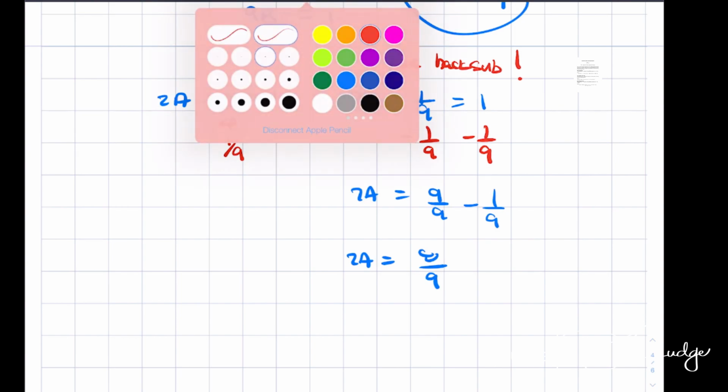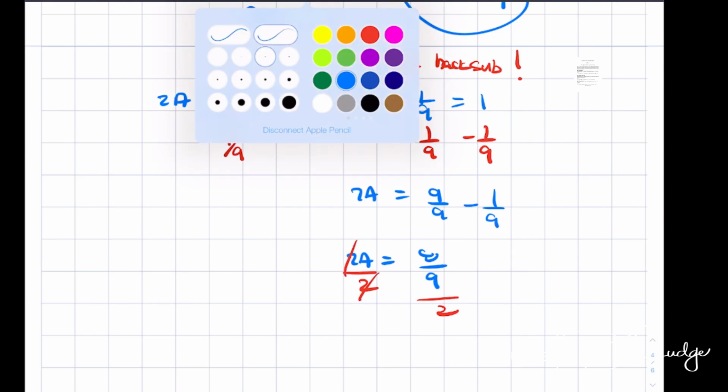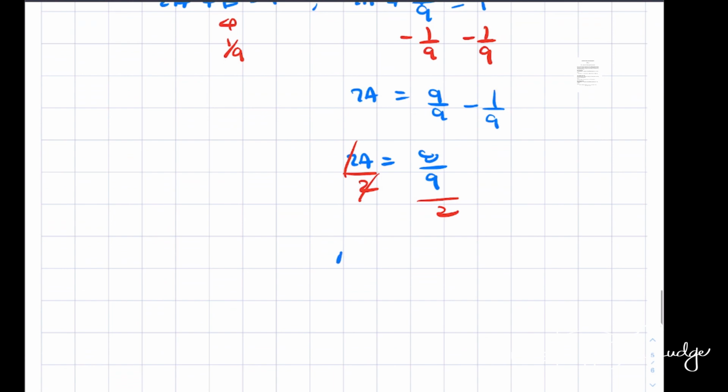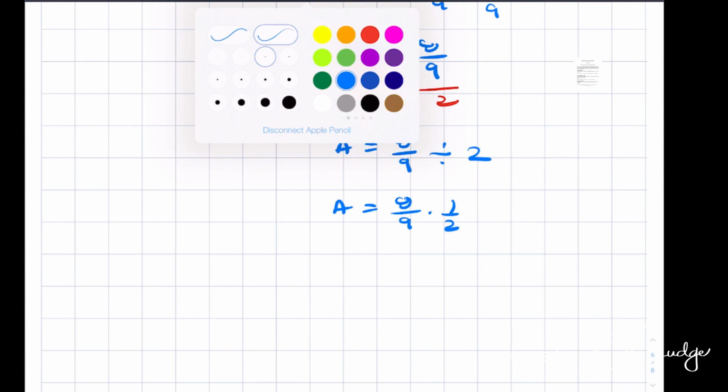And you may say, well, how do I solve for a? Divide both sides by 2, so we have cancellation here, right? So a is going to be 8/9 divided by 2. 8/9 times the reciprocal, 1/2. And then you might say, do I simplify my fraction?